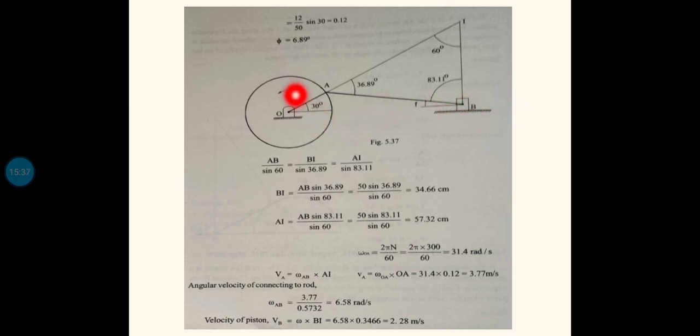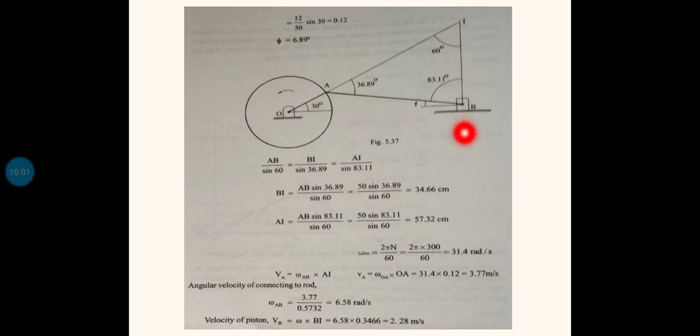Since the crank is rotating anti-clockwise, the piston can move towards the left side. So VB will always be horizontal in this direction. So to identify the instantaneous center, I will draw a perpendicular line to this direction of VB, that is this vertical line. So on this line, the instantaneous center I will be there.